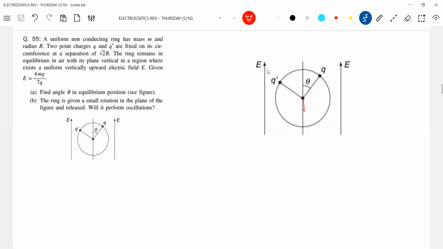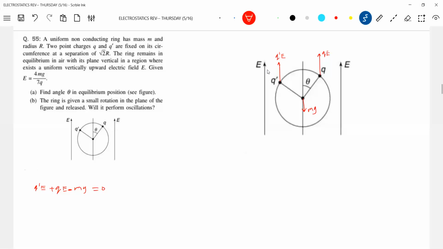The ring is having mass m, and the electrostatic forces q dash e and qe, and it's in translational equilibrium. So therefore I can write q dash e plus qe minus mg equals 0. That's one equation.